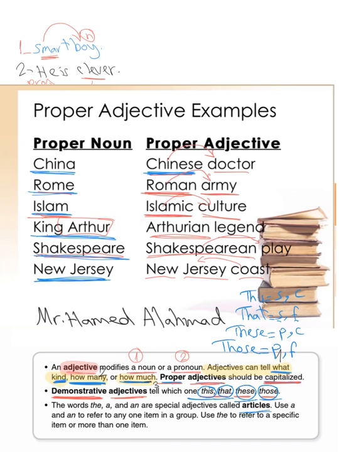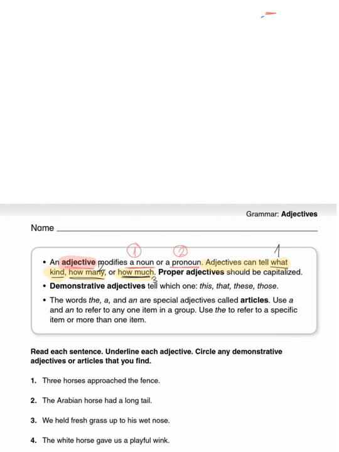The last kind of adjectives is the articles. What is it? The articles. As we said, articles are three. But who can tell now what are they? Yalla, I am waiting for you.